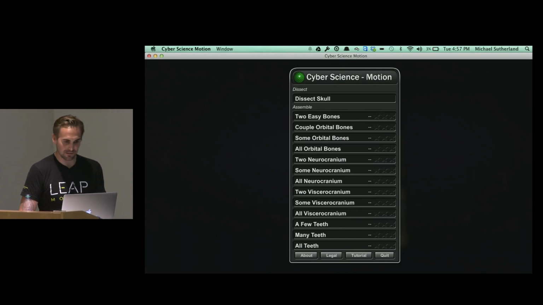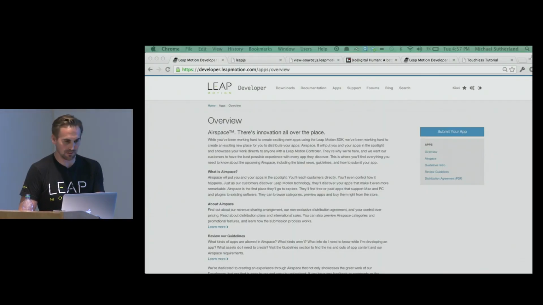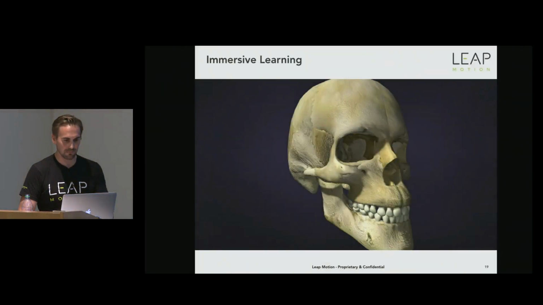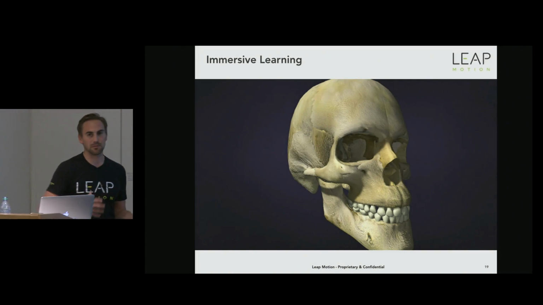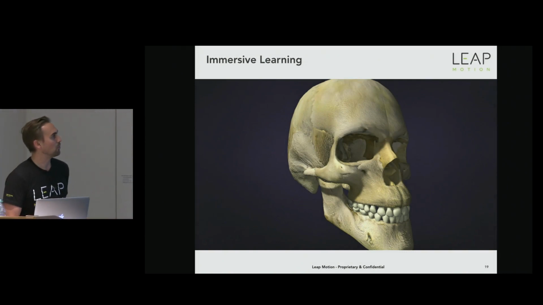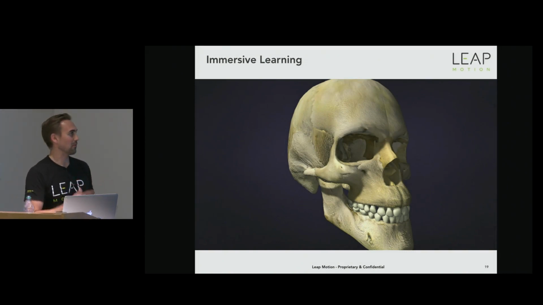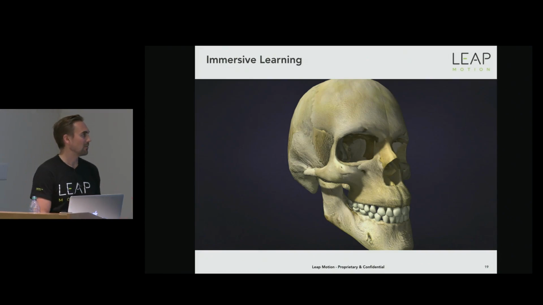So this one is a little app. You can have a look at it later, after this if you want. But basically what it's doing is it's a full 3D representation of the skull. And what you can do is take it apart in 3D. It becomes like a 3D jigsaw. So some of these applications allow for a more immersive learning environment. When you're able to interact with what you're learning, you start to take it in a lot more.